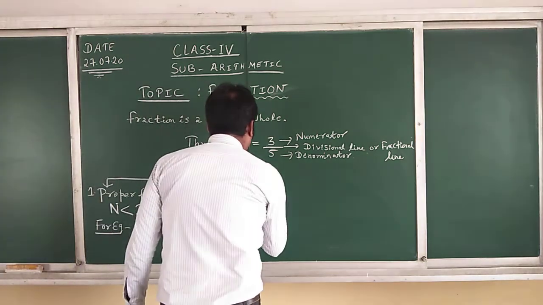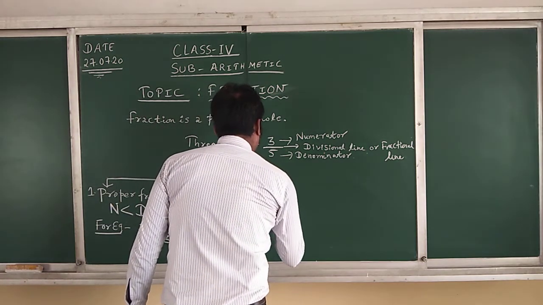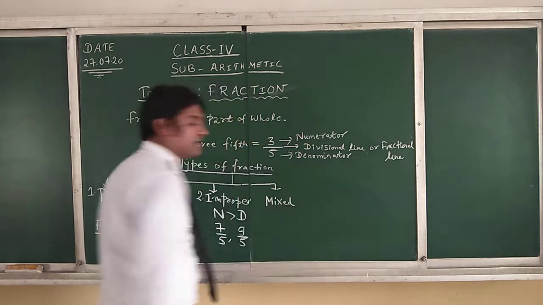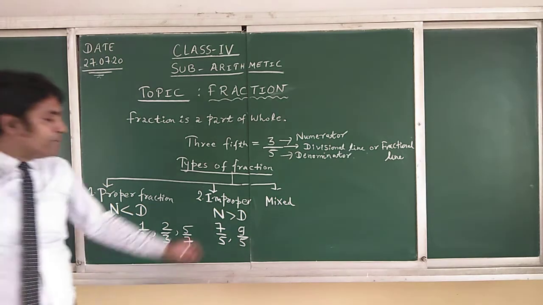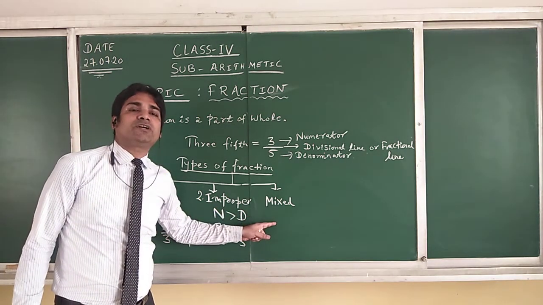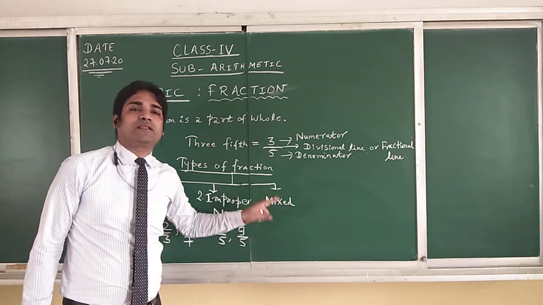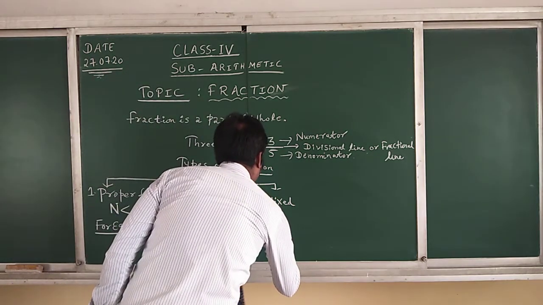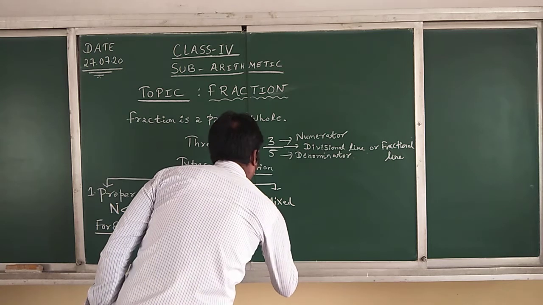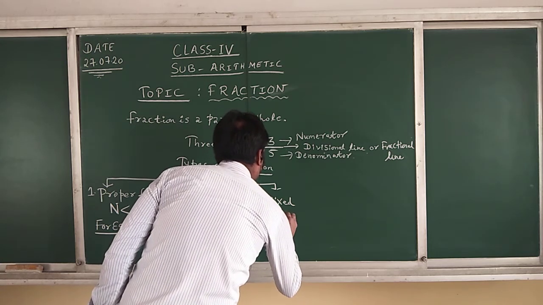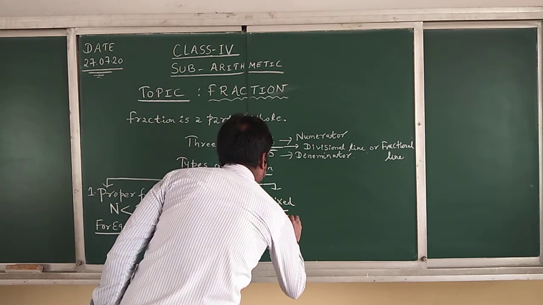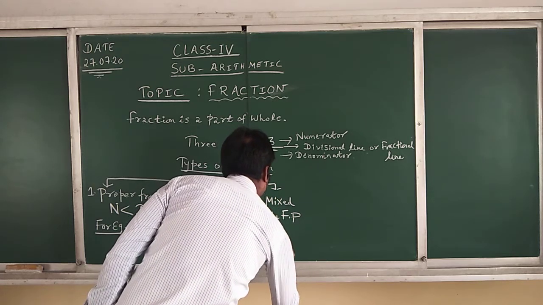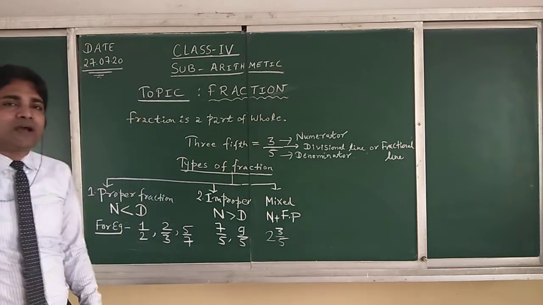Now the third type of fraction we have is mixed fraction. What is mixed fraction? Mixed fraction is a composition of a natural number plus a fractional part. It's a combination of a natural number, or we say a whole number, plus the fractional part. For example, 2 and 3 upon 5.